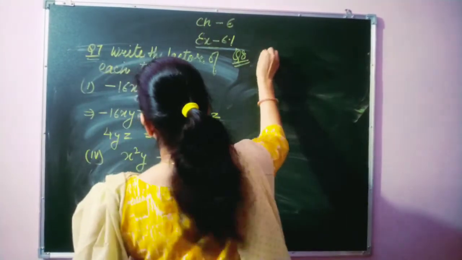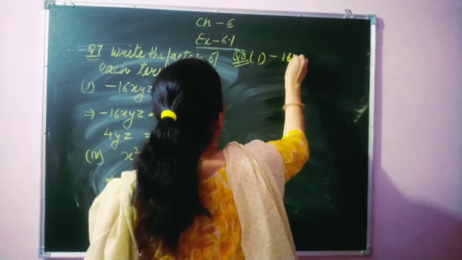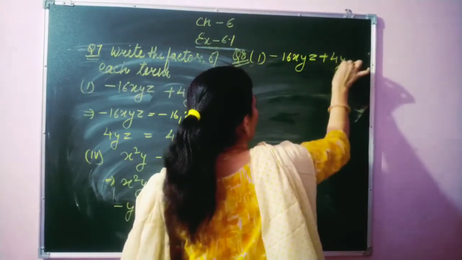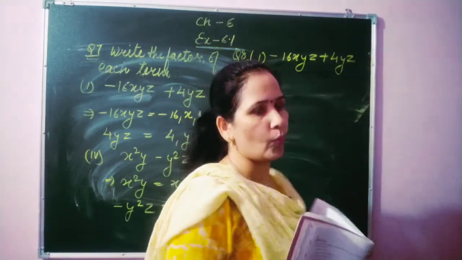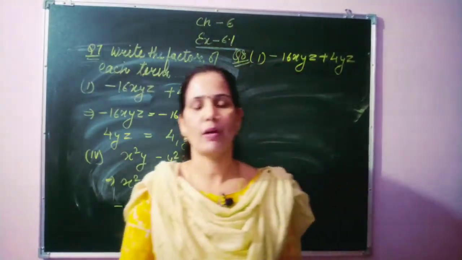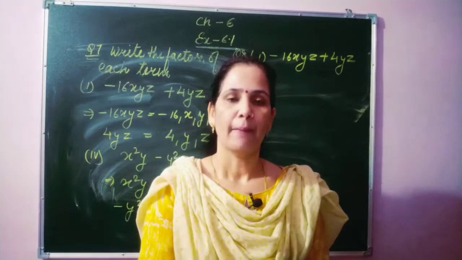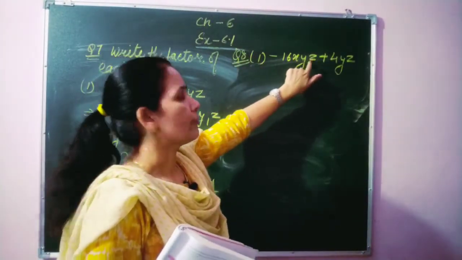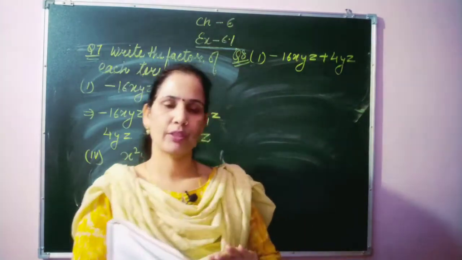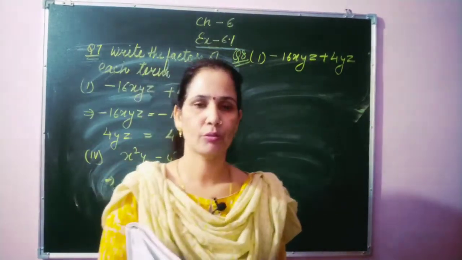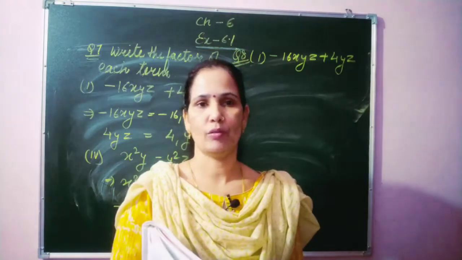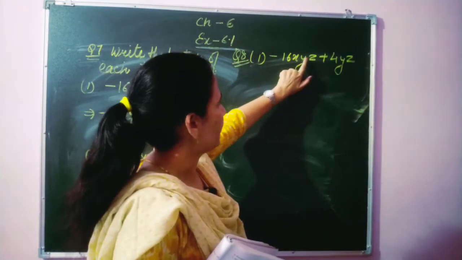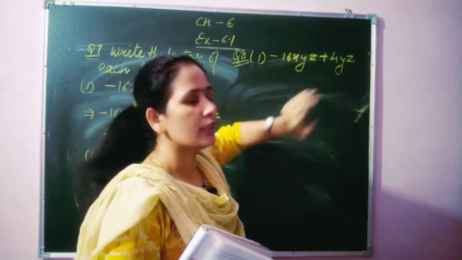In question number 8, the first question is minus 16xyz and 4yz. Now students, yesterday we discussed that the highest power is called the degree. But if they have given more than 1 variable together, then to find the degree we will add the powers of all the variables.